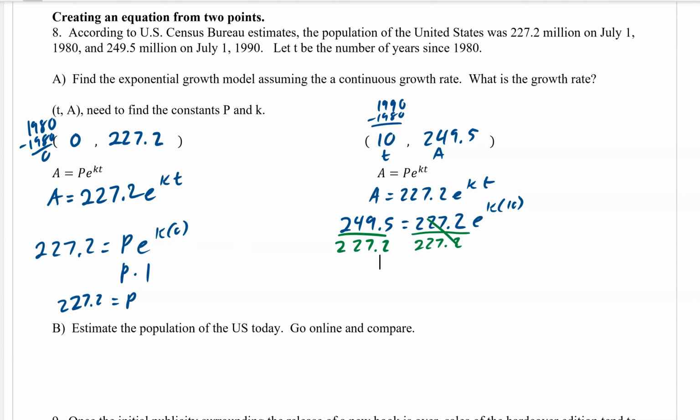So we plug that in our calculator, and it gives us 1.09815. That's good enough. That equals e to the 10k.